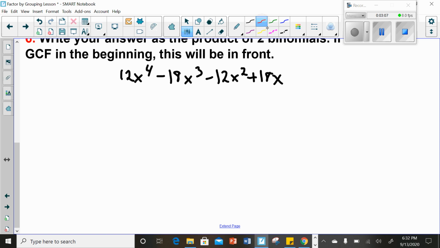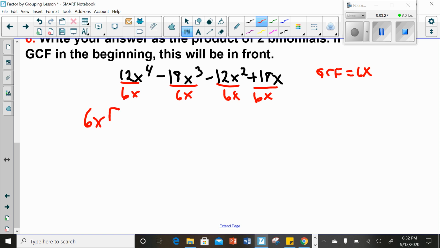As we stated before, our GCF is equal to 6x. So I'm going to divide each of these by that 6x, and then it is going to come out in front. And I'm going to use brackets because we're going to have a lot of stuff going on.